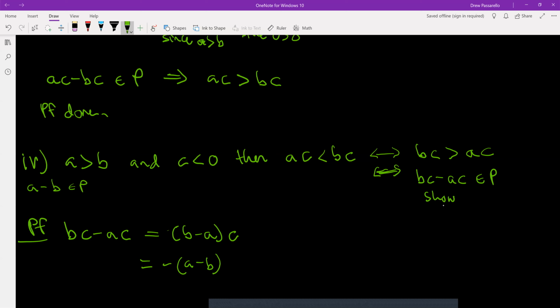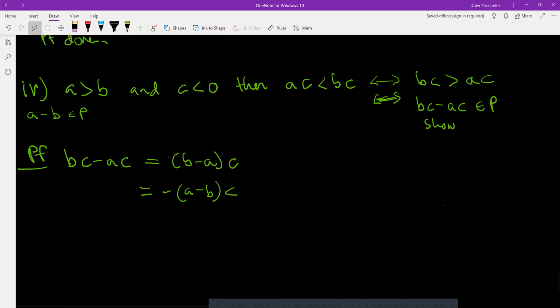And now I can make use of A minus B being an element of P. So then I have this minus times A minus B, so that it's equivalent to B minus A. All right, and then I can bring the negative with C. So if C is less than 0, that means negative C is greater than 0, which means negative C is in P.